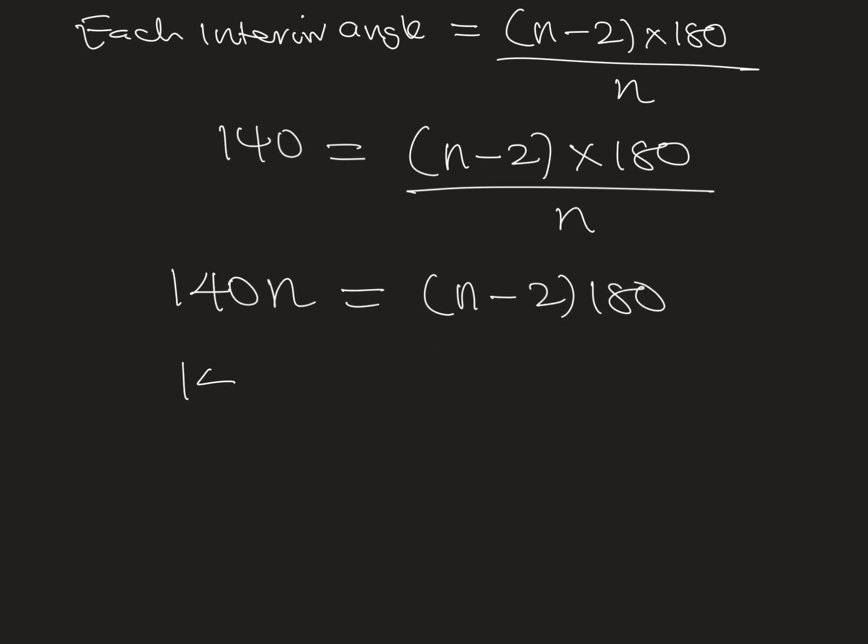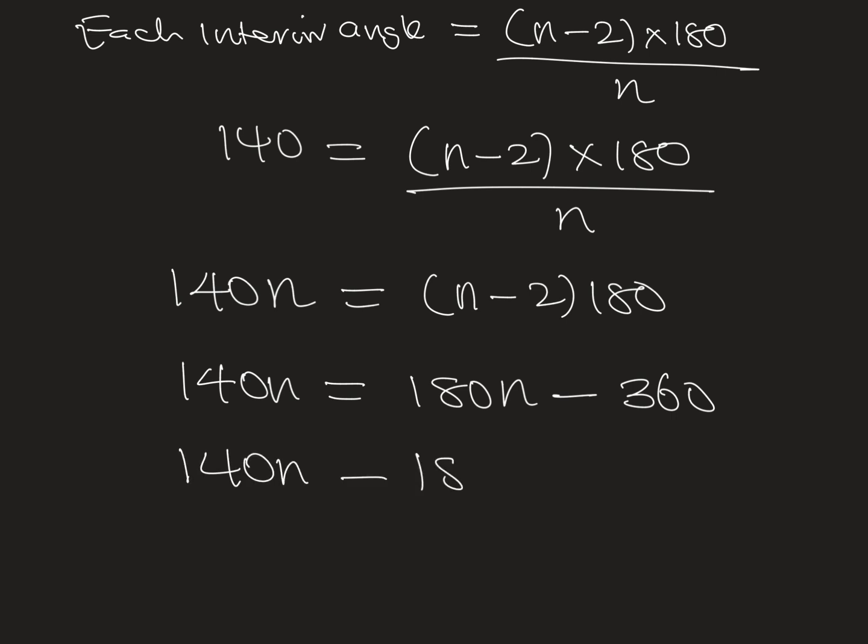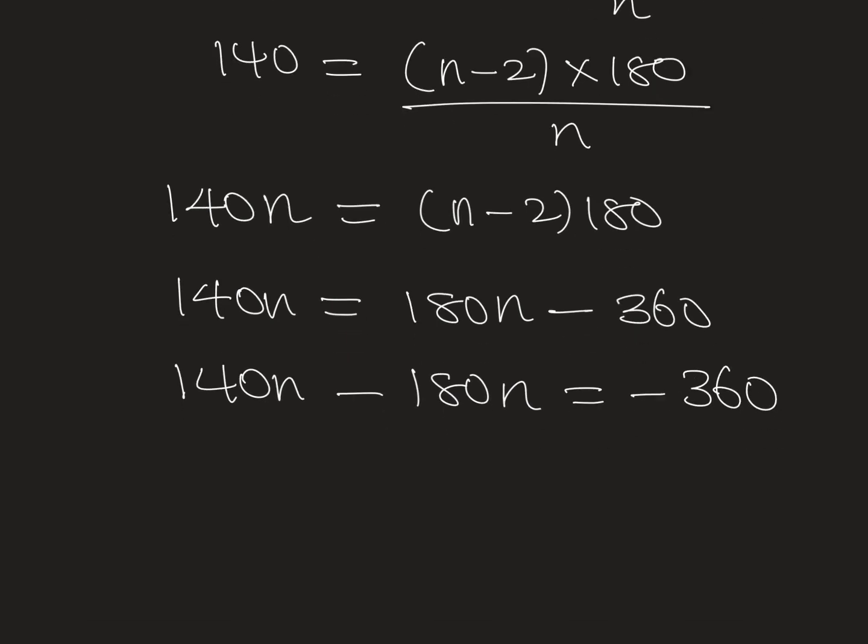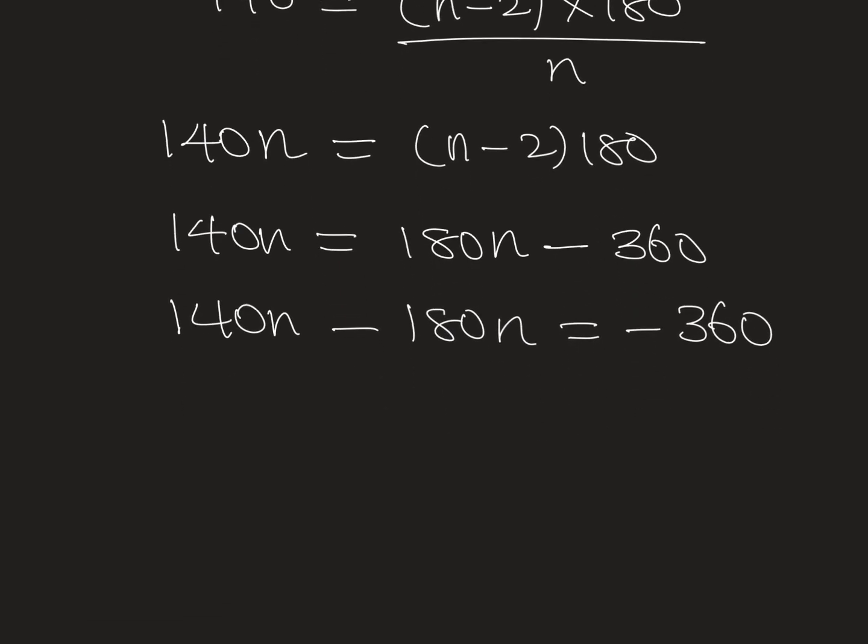So that's going to be 140n is equal to 180n minus 360. Okay, so 140n minus 180n is equal to minus 360. 140 minus 180 is minus 40n. This is equal to minus 360.